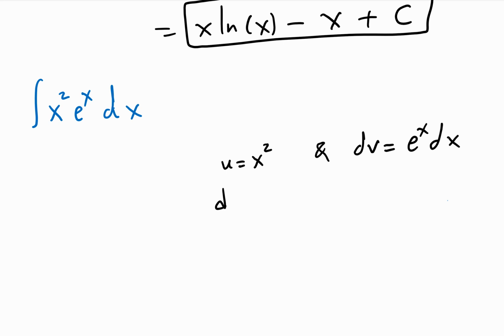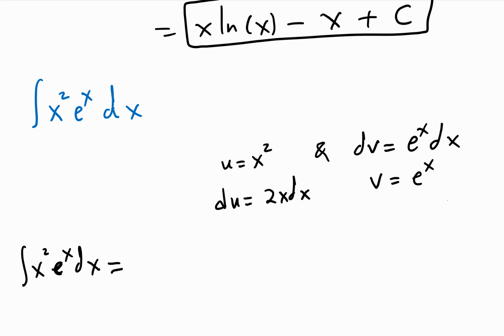So when I differentiate this, you get du is 2x dx, and when I find v, the integral of that is e^x. So this tells me what I'm looking for is uv, so it's x squared e^x, minus the integral of v du, like that.